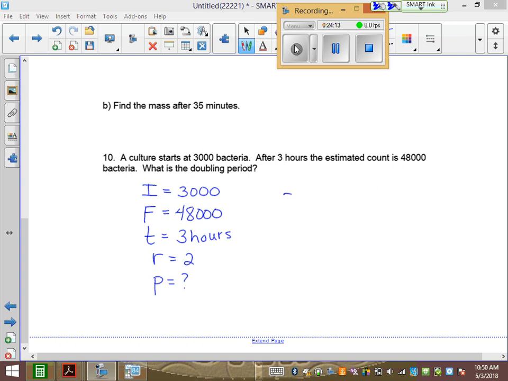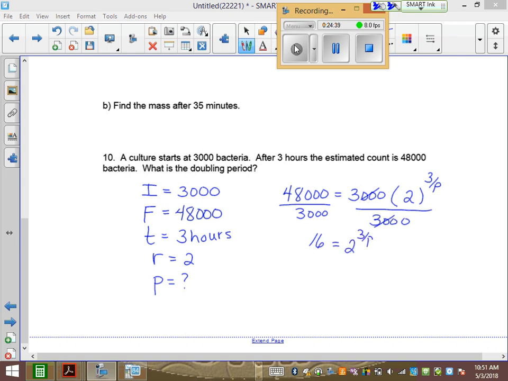So we do 4,800 final equals initial, 3,000, times the rate, 2 to the 3 over P. And the first thing I told you to do is always divide that initial over. Then I think you get 1.6. Now, will they always work out nice and be a common base? No, but they might.